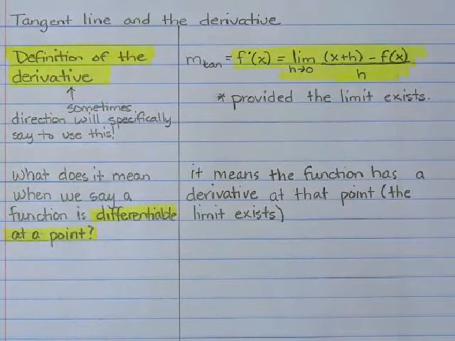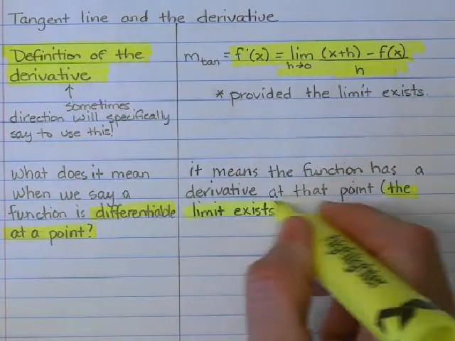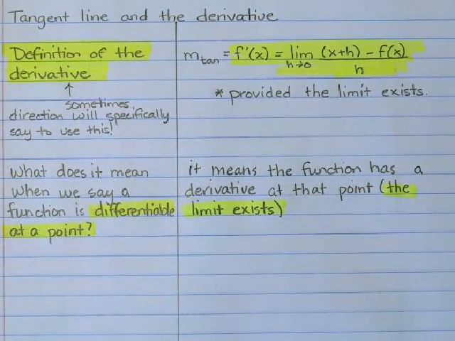So if I'm thinking that the function has a derivative, I'm thinking more that the limit exists.